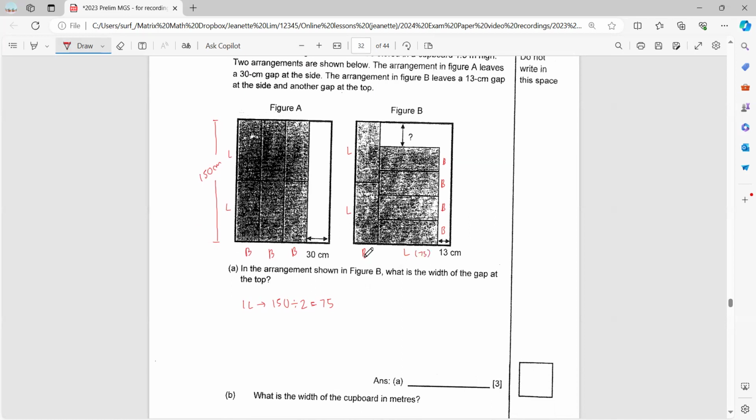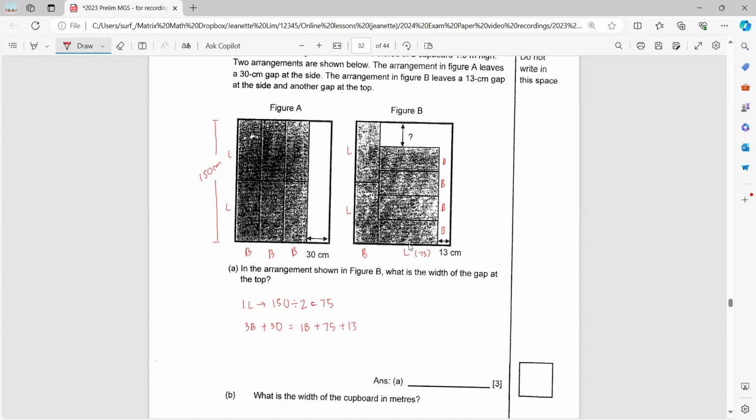If you compare this and this part, the total length is actually the same. So I can say that 3B plus 30 is the same as 1B plus 75 plus 13.